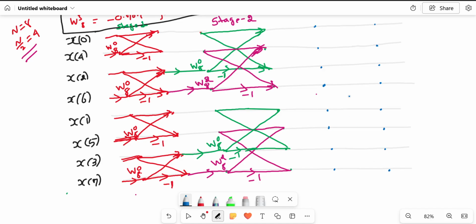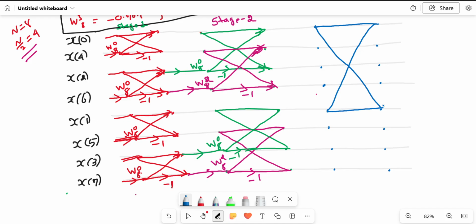So the first butterfly, in blue color, this is the first butterfly.